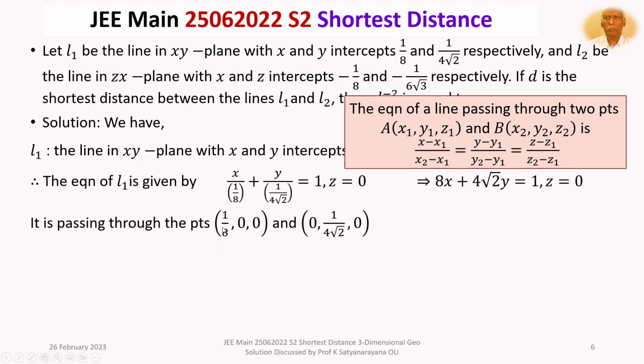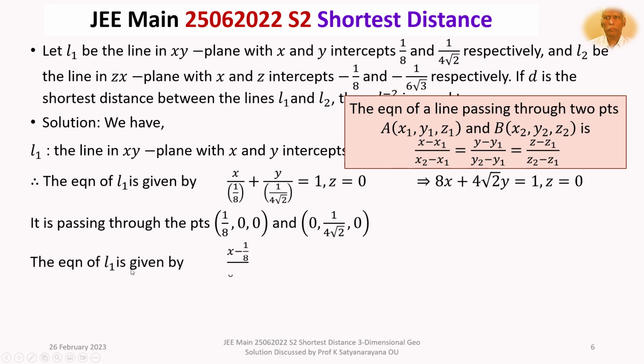So in our context, x1, y1, z1 are respectively 1 by 8, 0, 0, and x2, y2, z2 are respectively 0, 1 by 4 root 2, 0. Now let's write down the equation in this form.